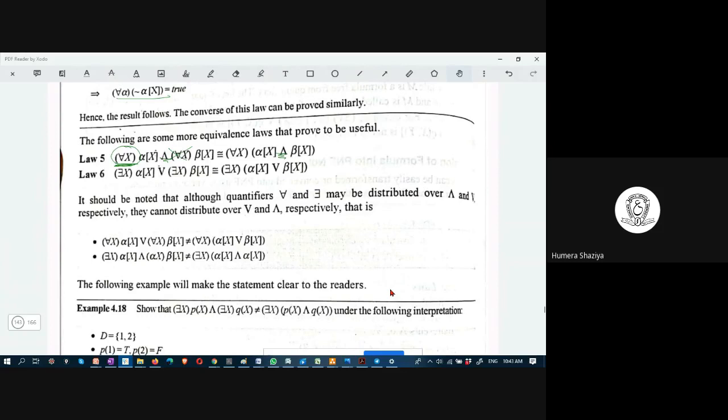Likewise, instead of for all, when there exists x appears in the formula, again there exists can be taken out and used as a common statement for this formula, and this formula can be parenthesized as alpha of x or beta of x.